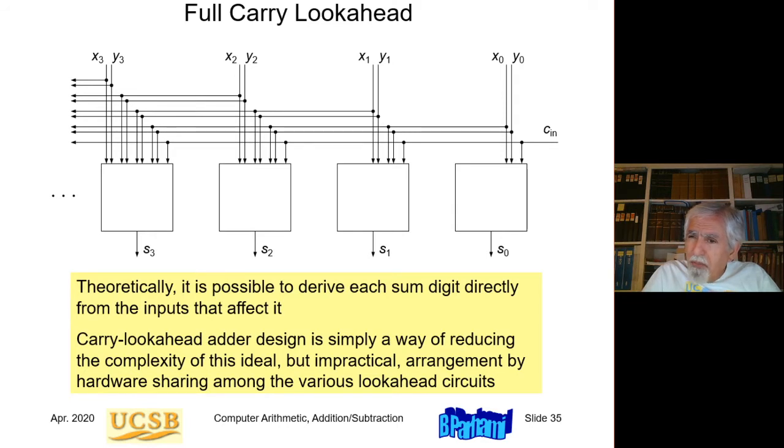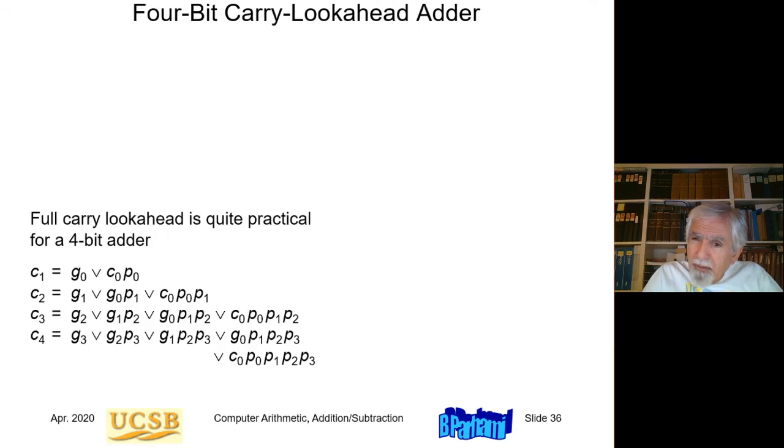So all of these are computed in parallel without any dependence on each other. However, this is really not an efficient design because as the number of bits increases, those boxes get more and more complex.